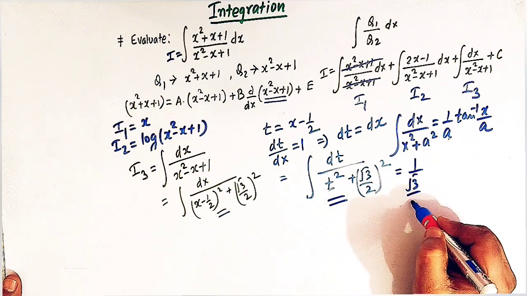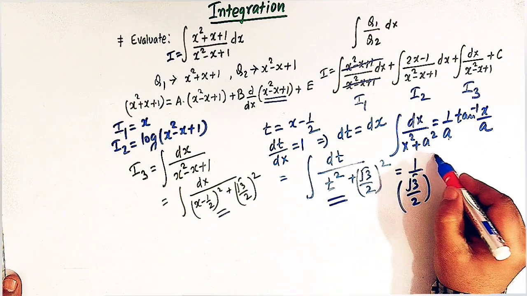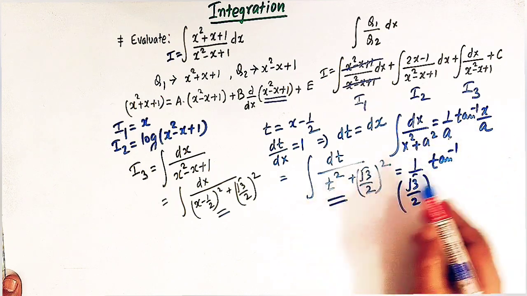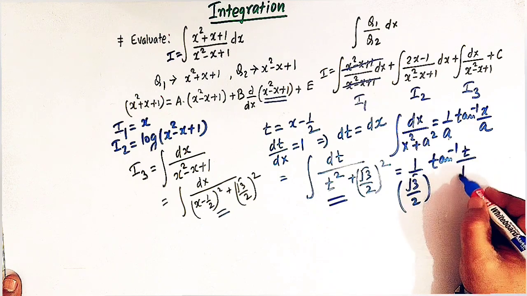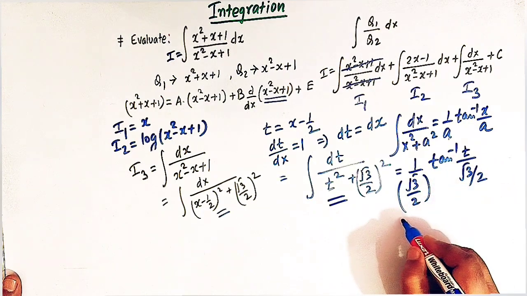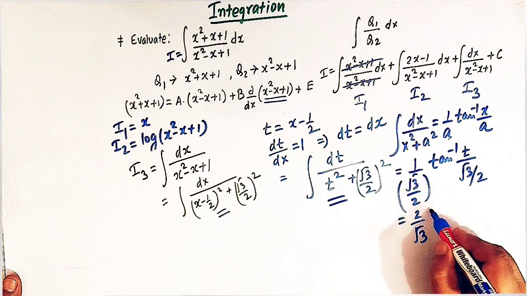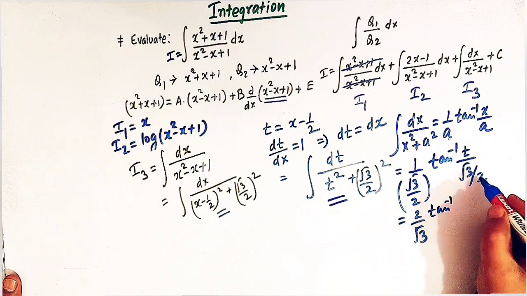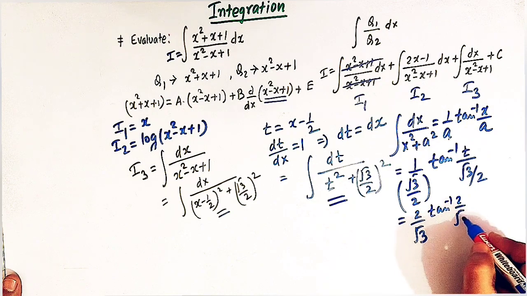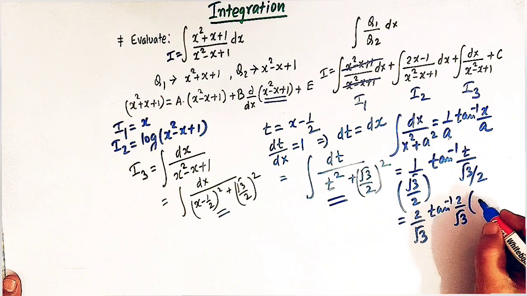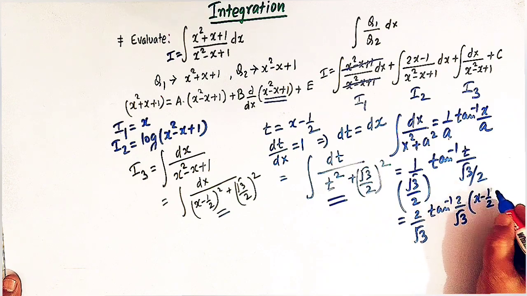So here we have 1 over square root of 3 over 2 tan inverse, for x we can write t, and here we have root 3 over 2. So this is 2 over square root of 3 taking the reciprocal, and then we have here 2 over square root of 3, and for t we can write x minus half.